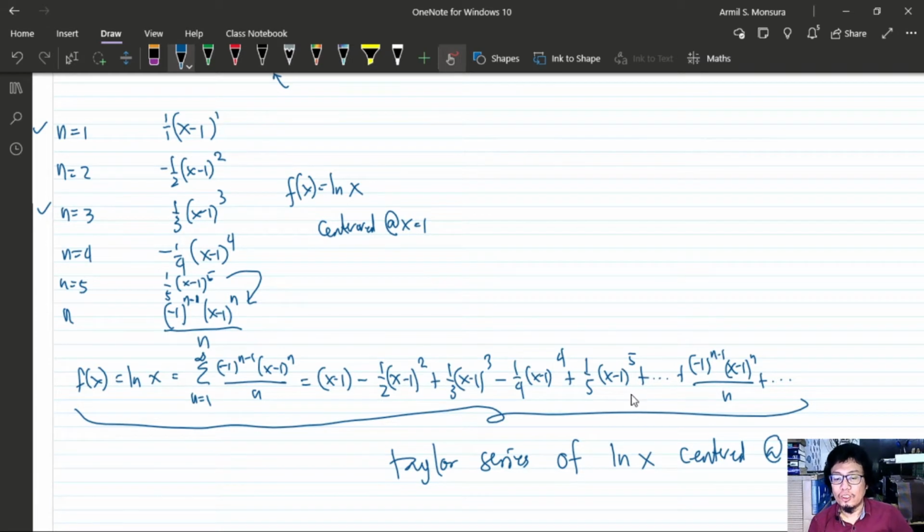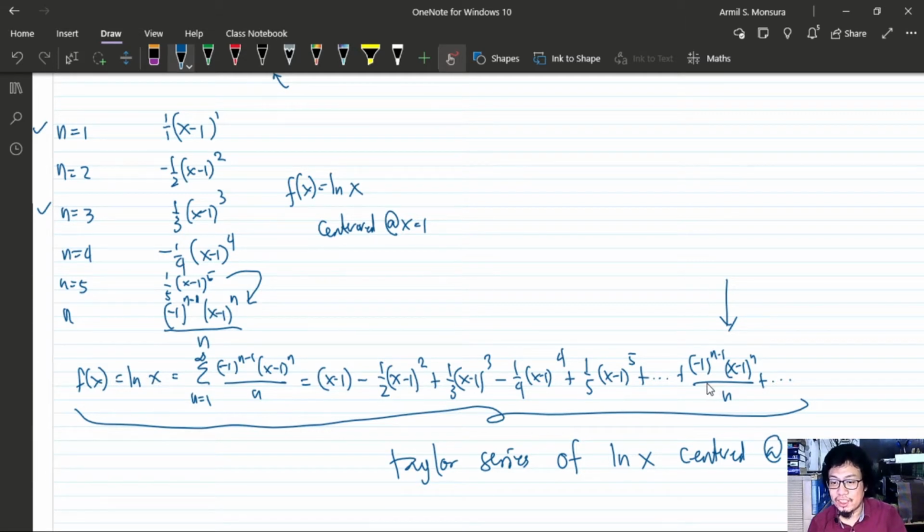Now there is a question here whether this series would actually converge. Aside from that question, another question that we have to settle after the first one is this: even if we determine that this is a convergent series, does this converge to ln of x?